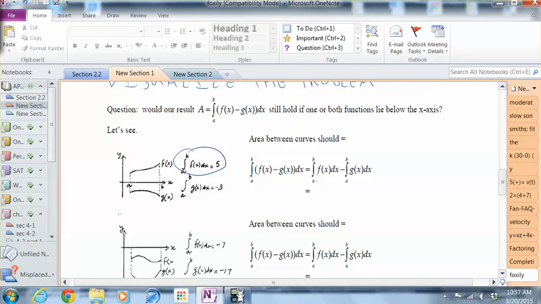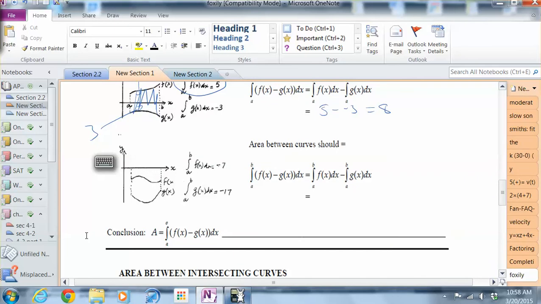Well, using my properties of integrals, I could separate f(x) minus g(x) into their own integrals. If I do 5 minus -3, I get 8. And the area between the curves should be 8, right? Because again, that's just 5 right here and 3 right there.